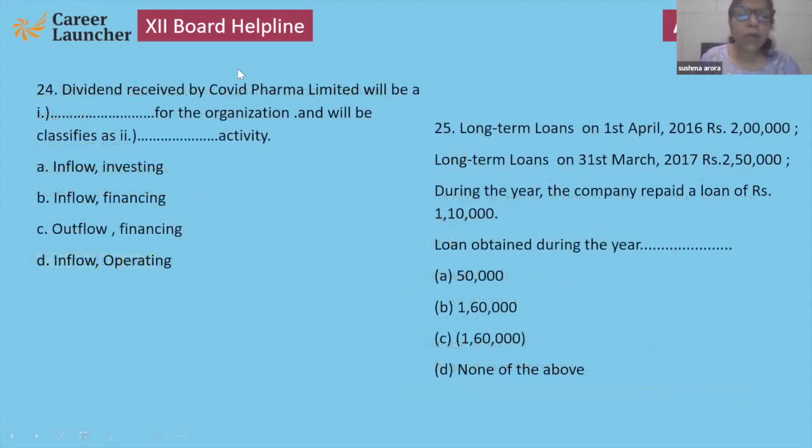Dividend received by COVID Pharma Limited. See, that question came in CUET. COVID Pharma is a manufacturing company, not a financial company. Be careful about that. So it will be classified as investing activity. Clear? So it is an inflow and through investing.